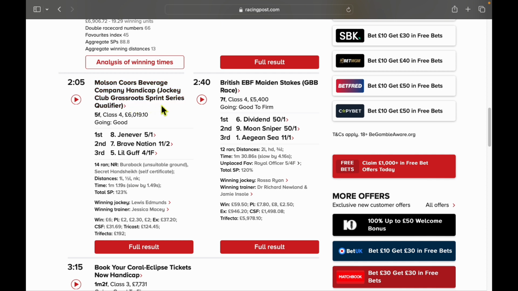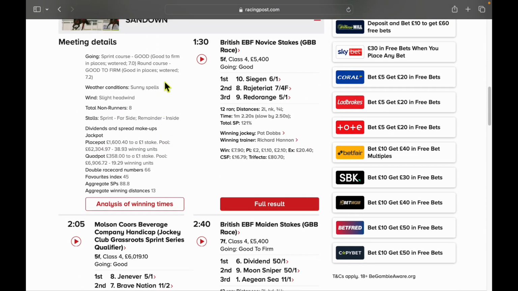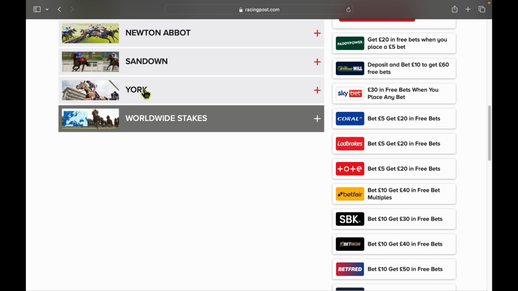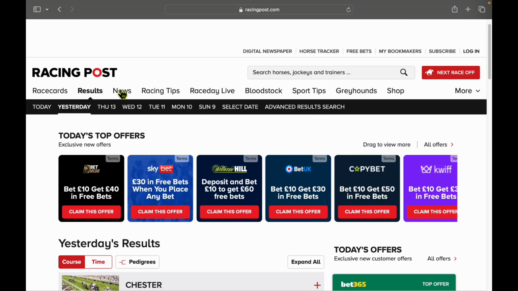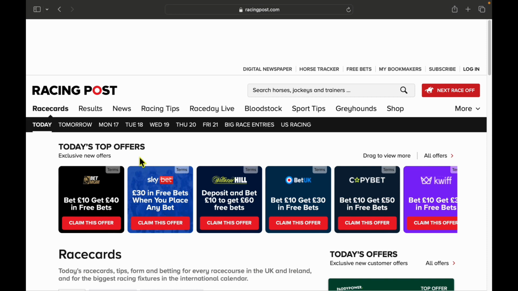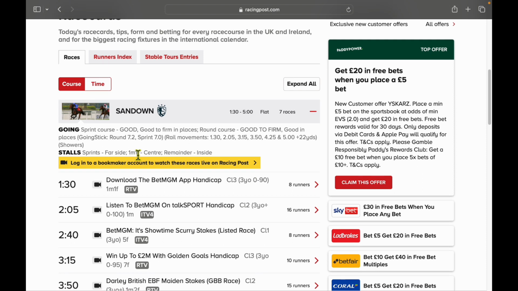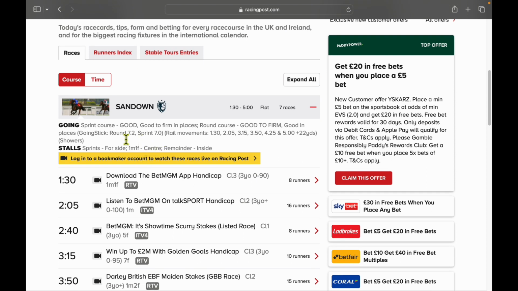Now, one word of caution, and it doesn't tell you on the results. It doesn't tell you anywhere on the results. But if you look at today at Sandown, and they give this every day, you will see they're on the round course, which is good to firm, good in places. 1, 2, 3, 4, 5, 6, which is probably all the races.